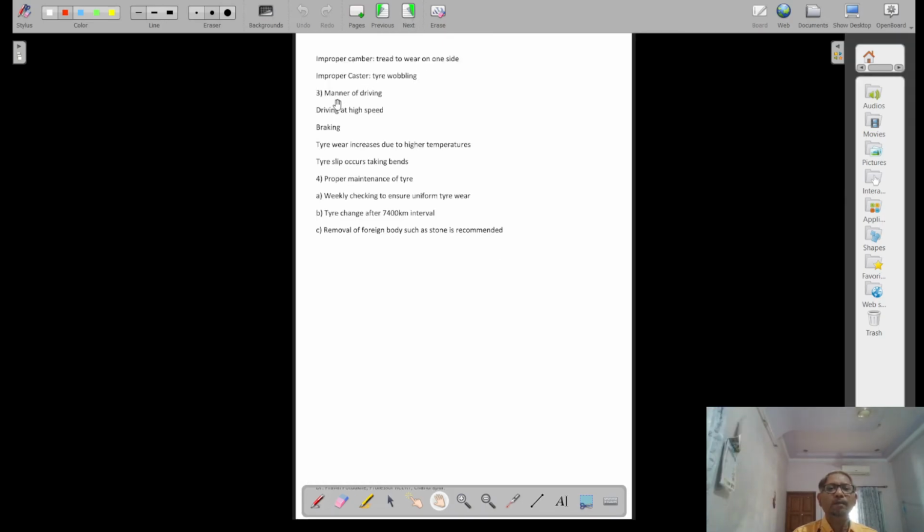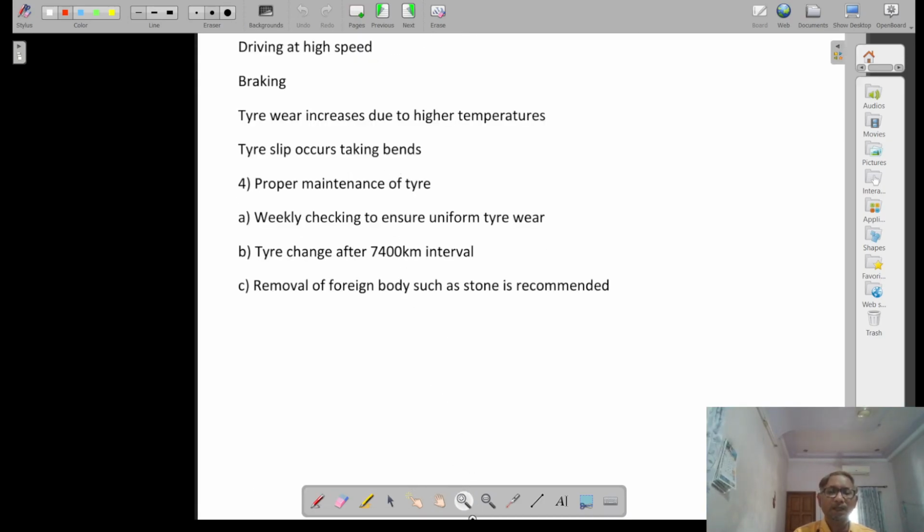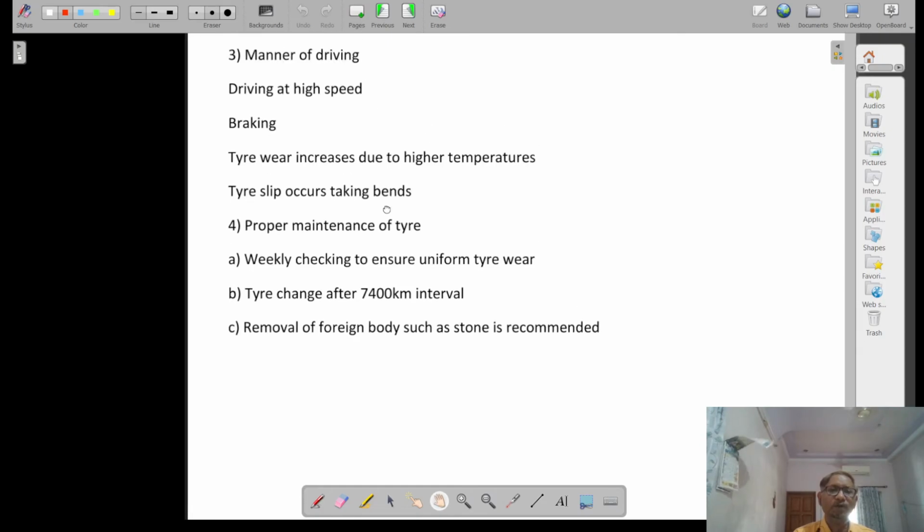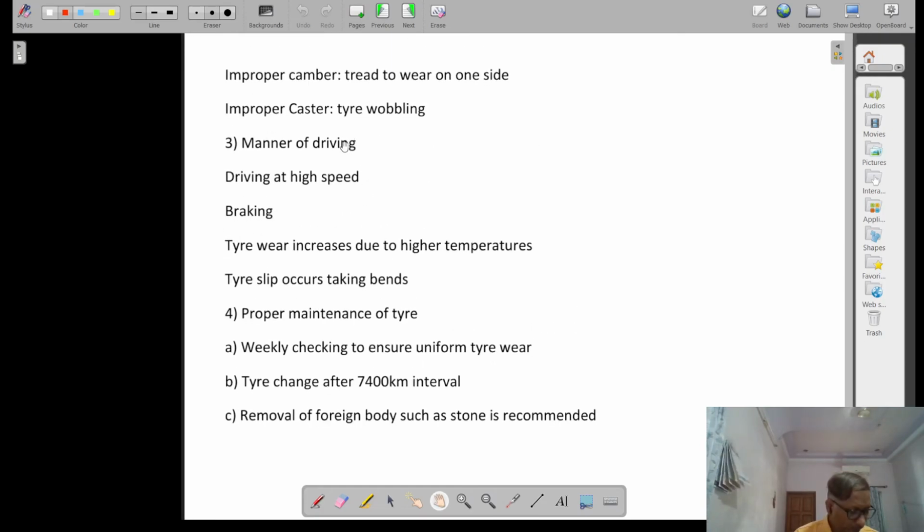Then the manner of driving: if you drive roughly at a very high speed, problems occur. You have to drive at a proper speed. You should not brake often or accelerate fast, because it may cause damage to your tires.